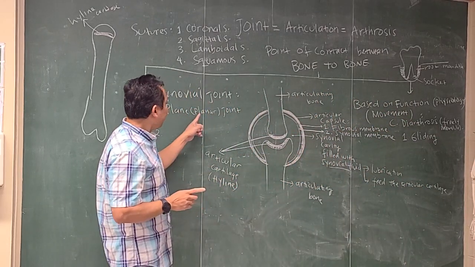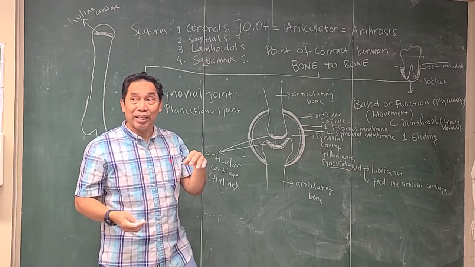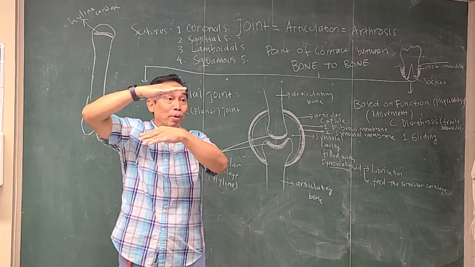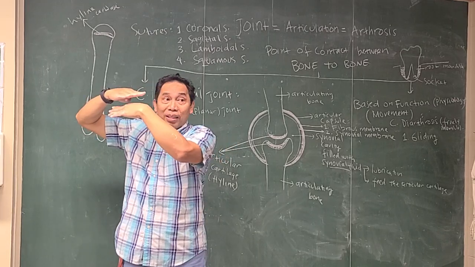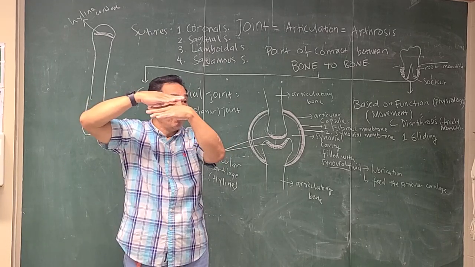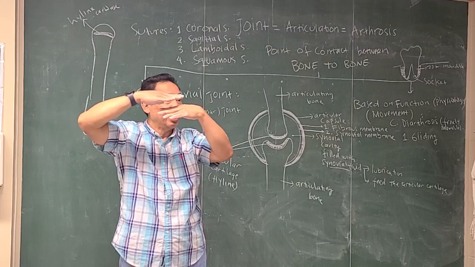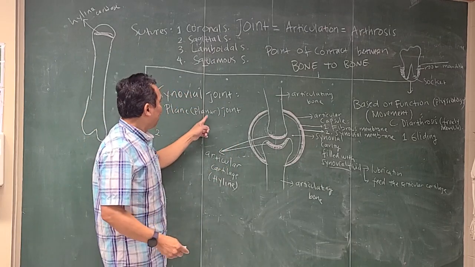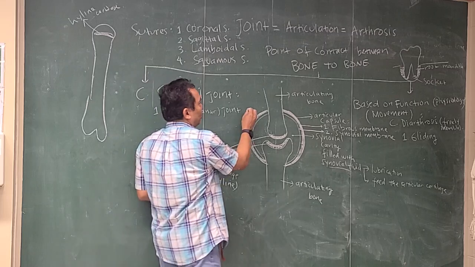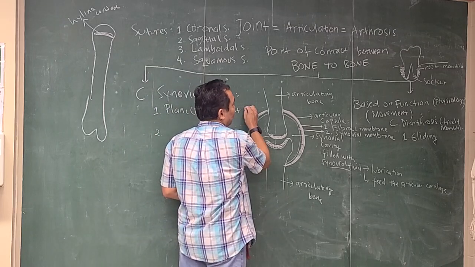Now, the planar joint is created by bones that have a flat surface between them. Therefore, when they move, they will be gliding.